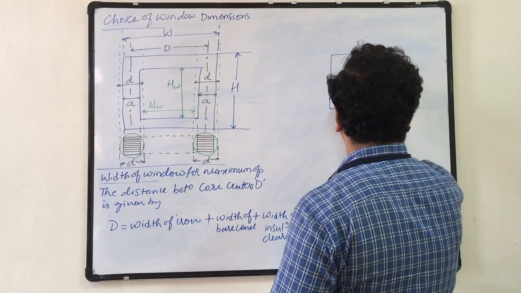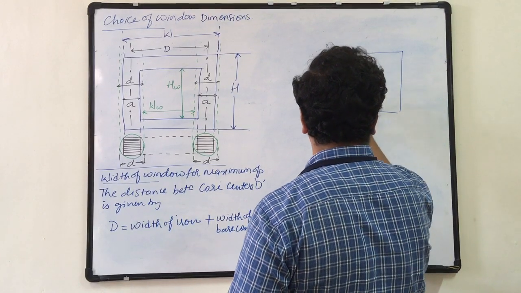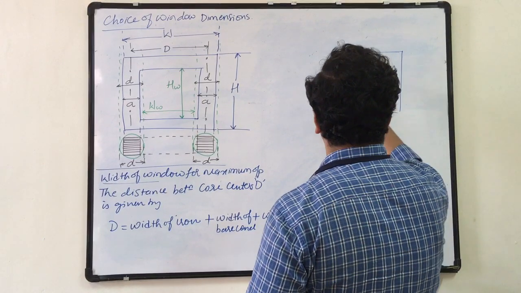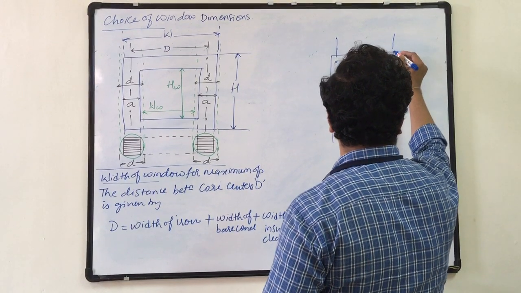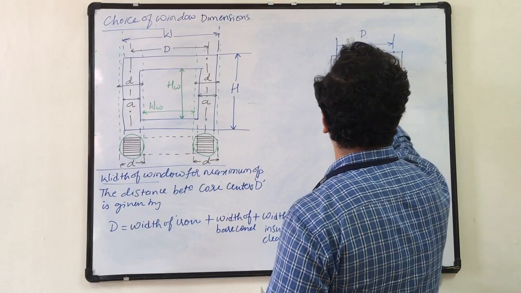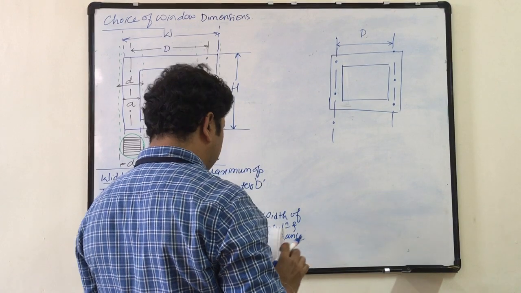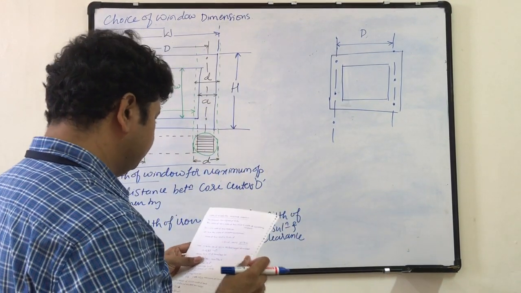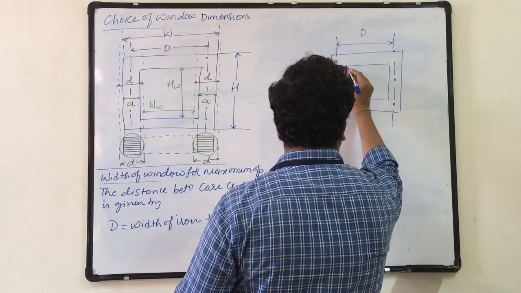Okay. So this is the frame of transformer. Now this is D. Okay. We know that this is D. And I have the circumcircle.